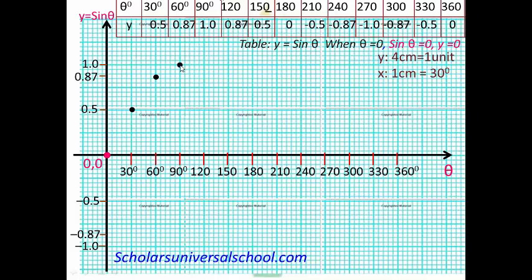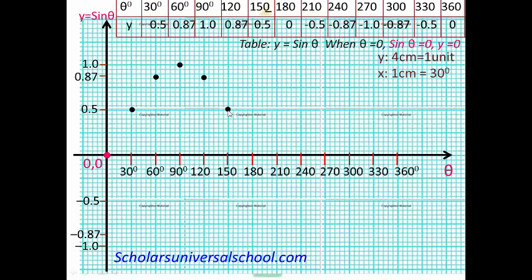So let us plot it, and the same way we'll plot for 120°, which is 0.87 again. So 120°, 0.87 will be somewhere here. Then we plot for 150° here. This is 150°, where y is 0.5, like this. So we're going to plot this point.